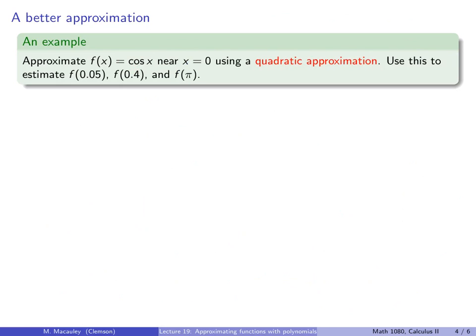A quadratic polynomial is going to be of the form, let's call it t2 of x, for degree 2. So now there's going to be a constant. This is the y-intercept. There's going to be a c1x, and there's going to be a c2 x squared. So this is an arbitrary degree 2 polynomial.